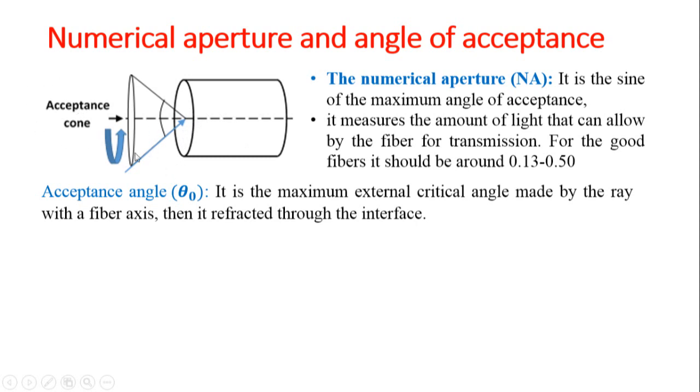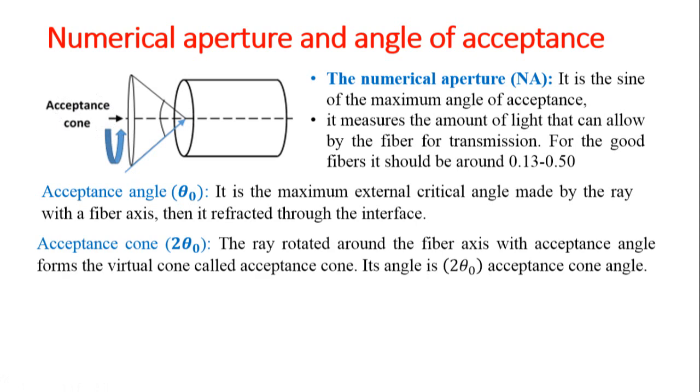Hence, if you rotate around the fiber axis with an angle theta c, which forms the cone, that cone is known as the acceptance cone. For example, from ear to ear the angle is theta naught, then the total angle of acceptance is 2 theta naught. 2 theta naught is the external acceptance cone angle.